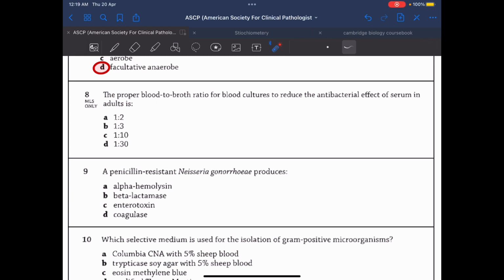The recommended blood to broth ratio is 1 to 5 to 1 to 10. Dilution less than this may cause the blood to clot, trapping organisms in the clot. Greater dilutions may increase the time to detection. So the correct answer is C, because the appropriate concentration should range from 1 to 5 to 1 to 10 to reduce the antibacterial effect of serum in adults.